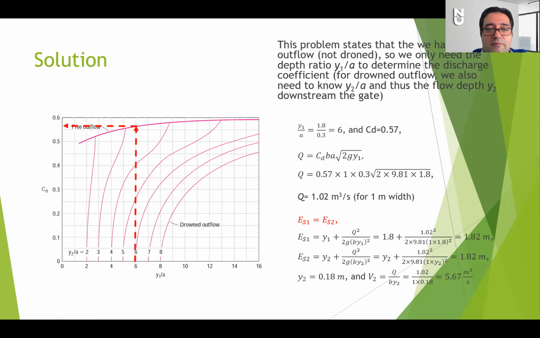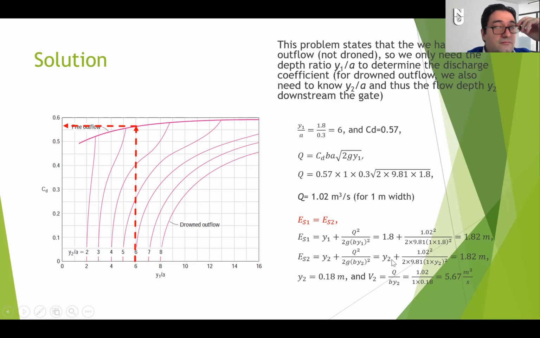In order to calculate the depth value, you will use the specific energy equations, and specific energy in the upstream flow is equal to specific energy in the downstream flow. When you calculate the specific energy, you will see that it is going to be 8.2 meters. And you are going to use the same equation to calculate the alternative depth on the right side. It is actually what you know very well, and you even got a similar problem in the midterm.